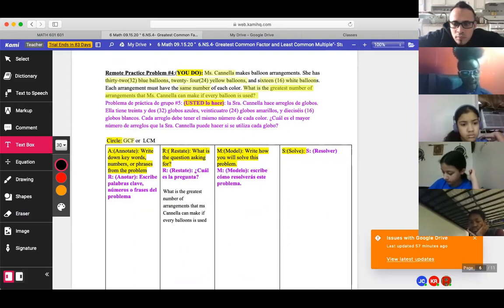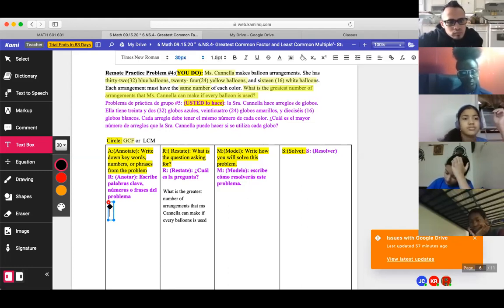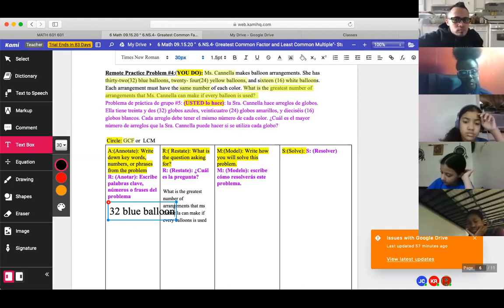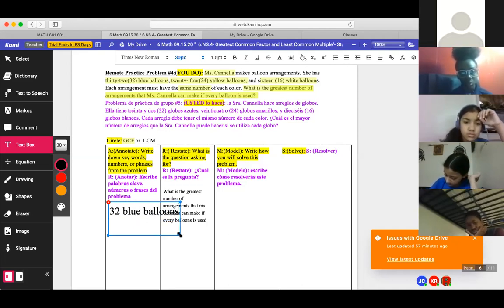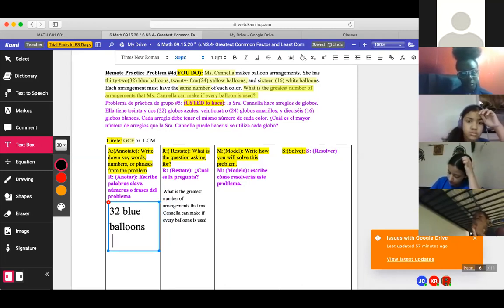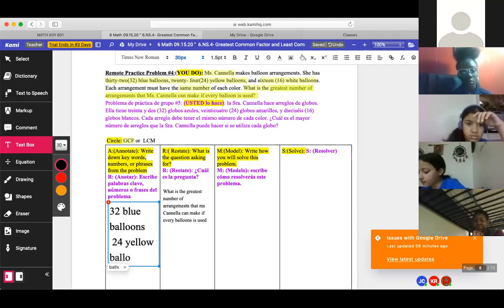So first one, we need 16 white balloons, and there's 3 factors actually. 32 balloons, 24 yellow balloons, and 16 white balloons. For the first part. Hold on a second. Okay, 32 blue balloons, you said 24 yellow? Keep going. I don't think I caught the last part. How many white?